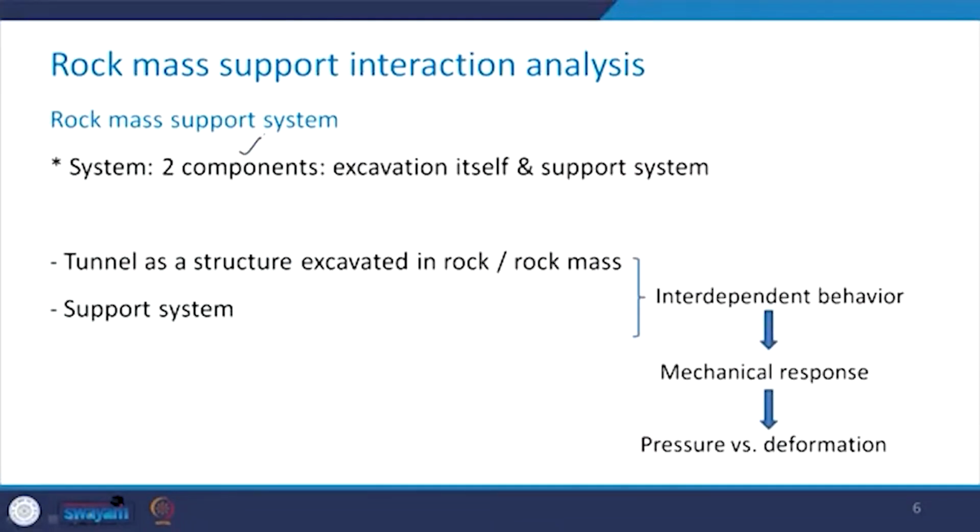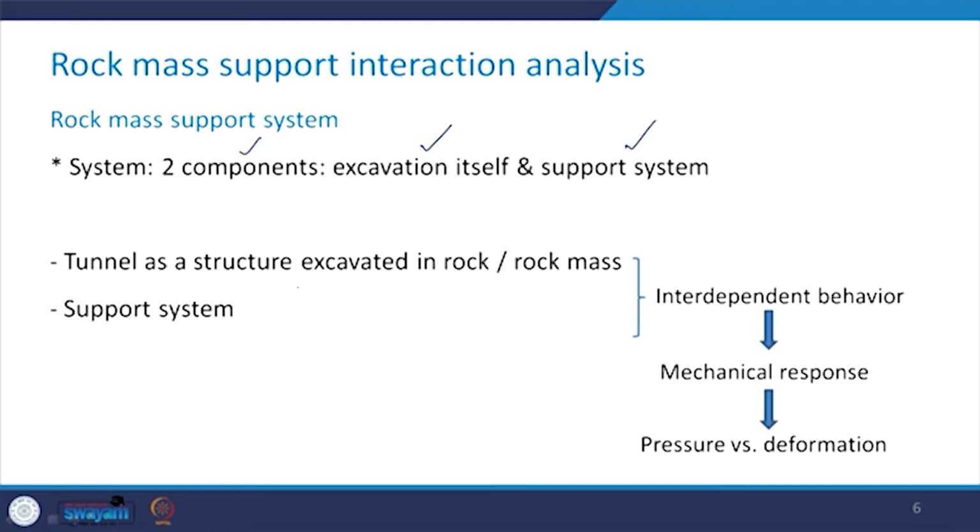In case of the rock mass support system, we have two components. One is the excavation itself and the other one is the support system. Tunnel as a structure is excavated in rock or rock mass, and then whatever is the requirement, accordingly the support system is provided.